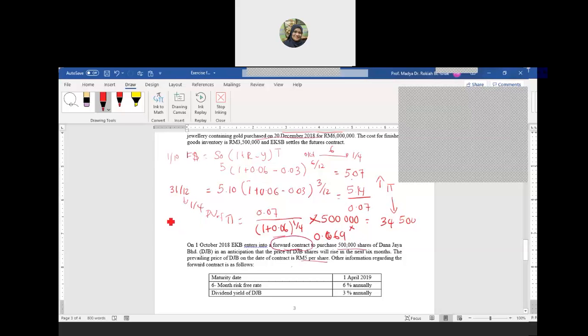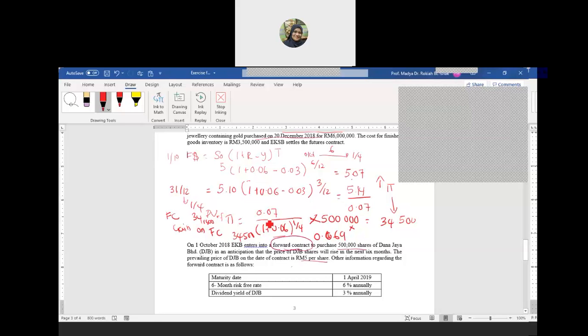You're going to debit your forward contract, and then credit your gain on forward contract. The amount here will be 34,500.